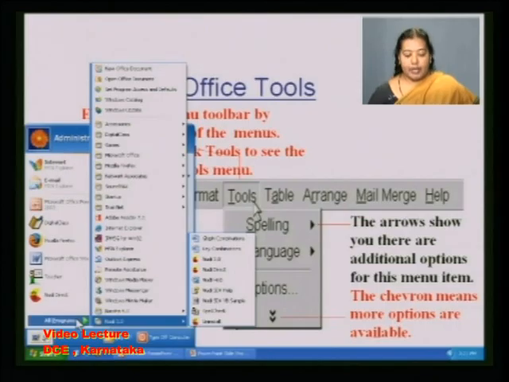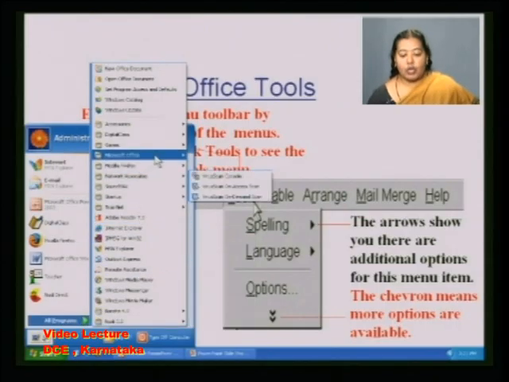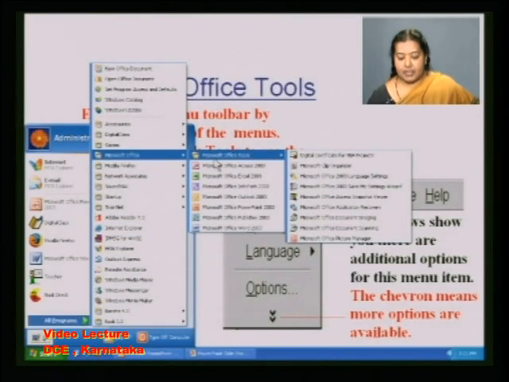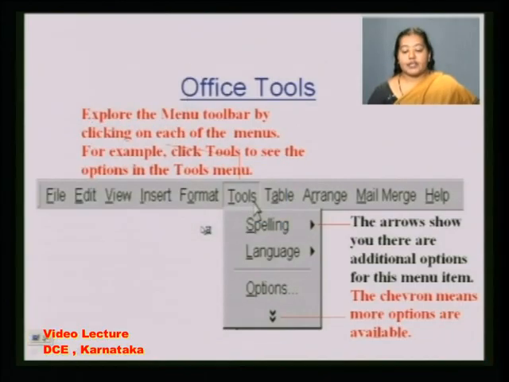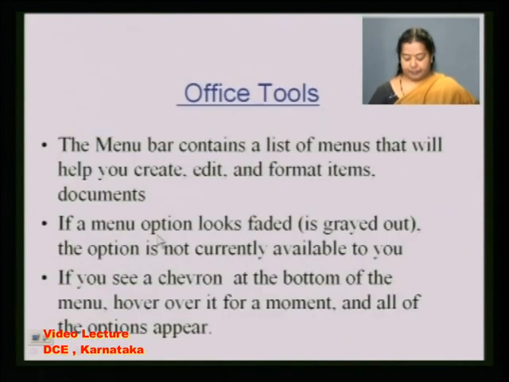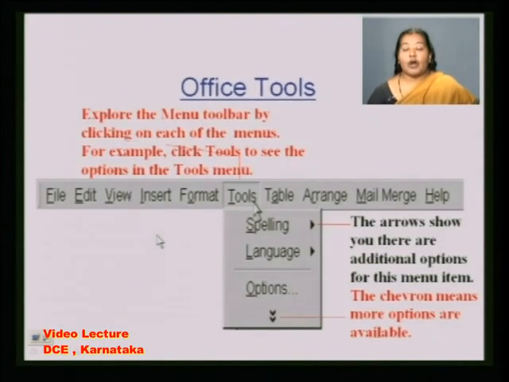All Programs, then Microsoft Office, and then Microsoft Word. Otherwise you can also open it directly. So we will see Microsoft Word now. Okay, so I'll show it later.